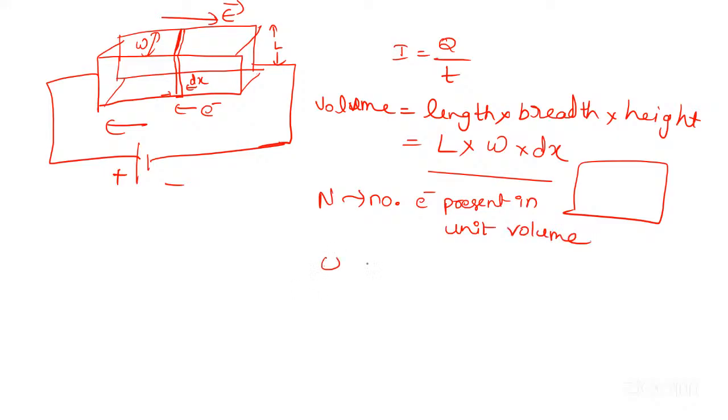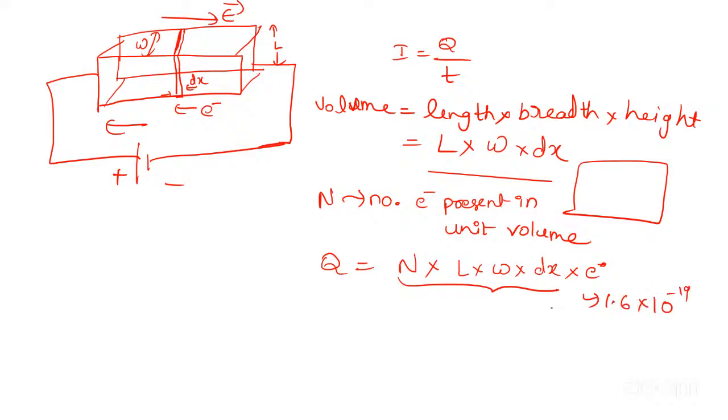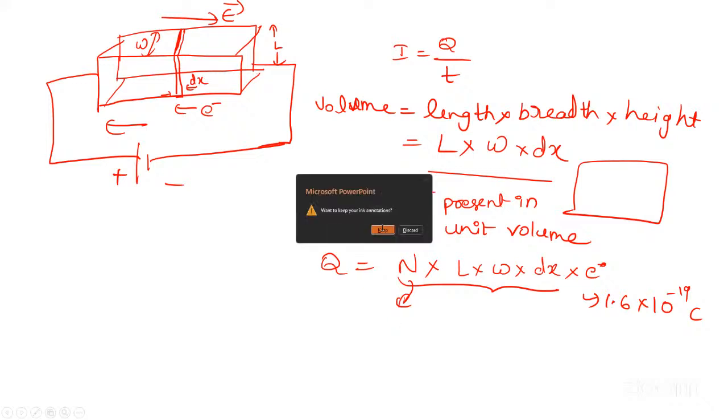Then charge is equal to n into length into width into dx and the charge of one electron. So this is the number of electrons present in that volume, and we get the charge by multiplying with e, where e is 1.6 into 10 to the power of minus 19 coulombs. Here n is the number of electrons per unit volume. Are you getting it? Yes, ma'am.